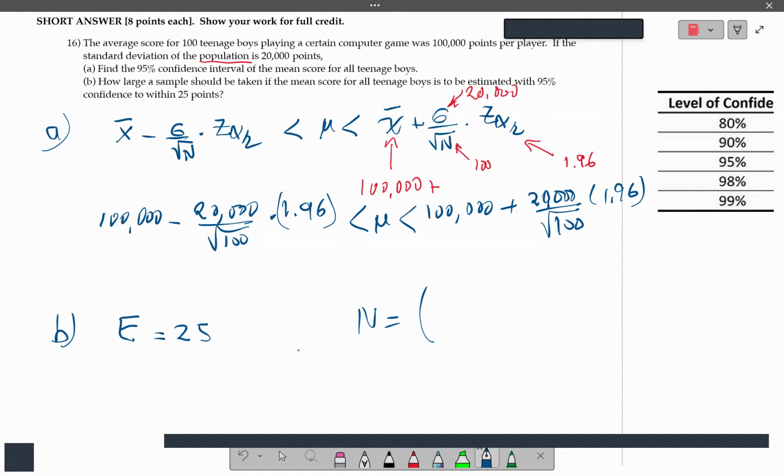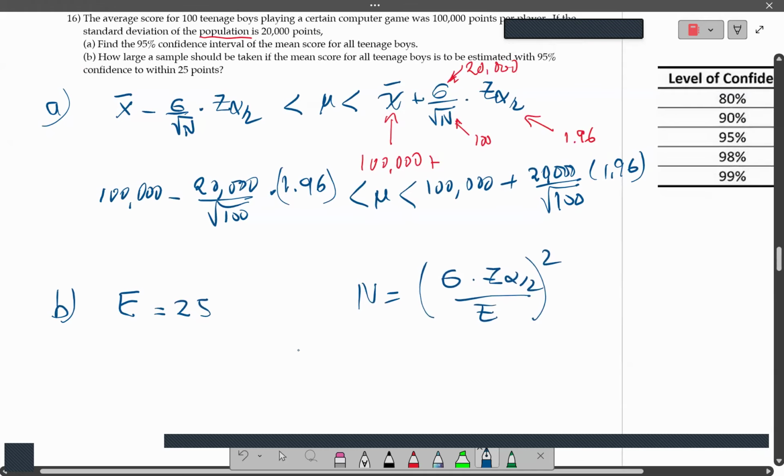You have a formula for the N, which is sigma times z alpha over 2 divided by the error, and squared. All right? And again, you have all the components over here, so you just have to plug it in.